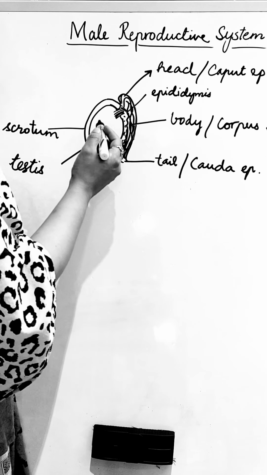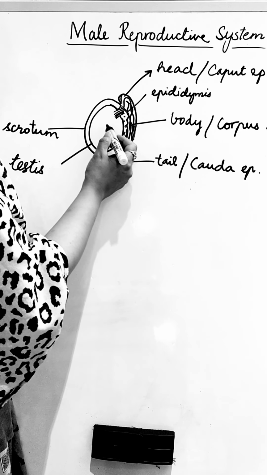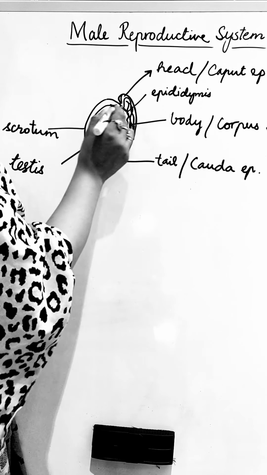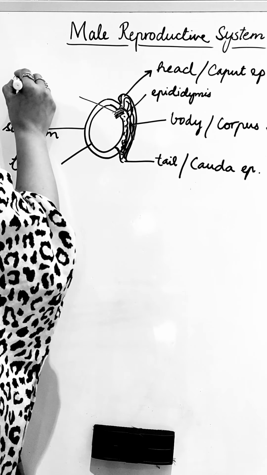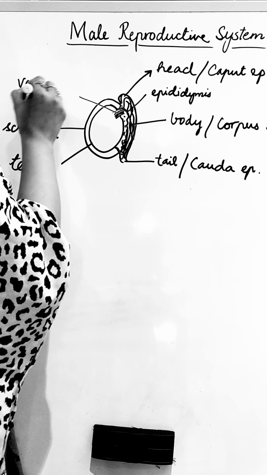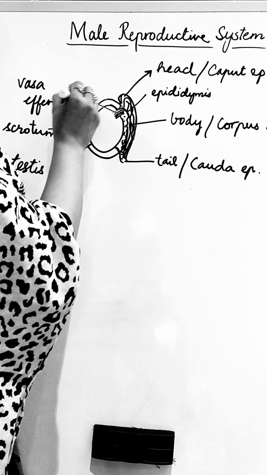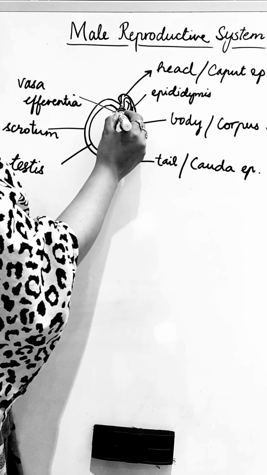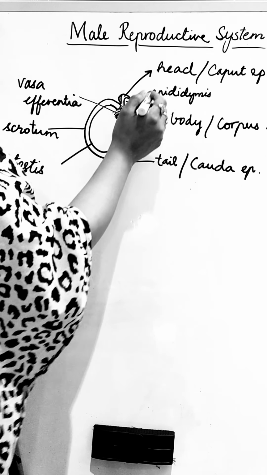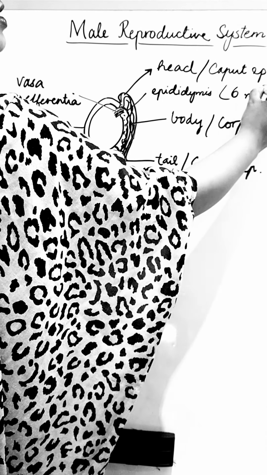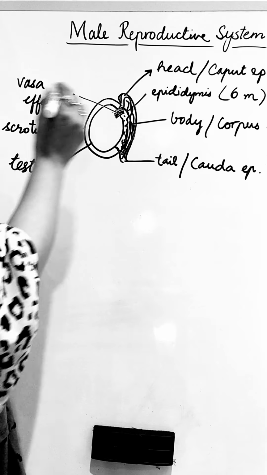So sperm formation takes place in the seminiferous tubule, and from the seminiferous tubules sperms are conducted through the rete testis, and from the rete testis to fine ducts called vasa efferentia, and from vasa efferentia these ducts open into the highly coiled tube. The epididymis is approximately 6 meters long.